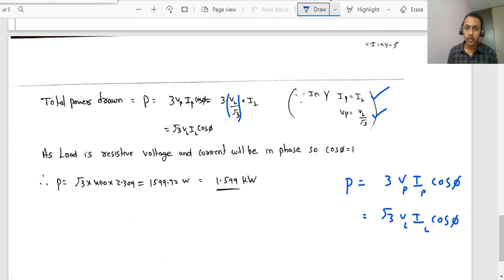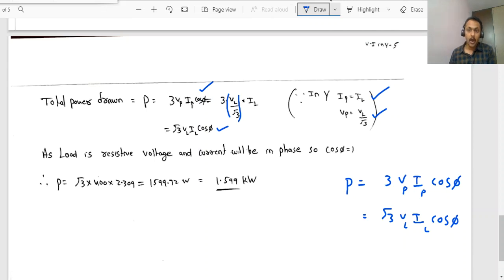So 3 by root 3, root 3 into root 3 by root 3, 3 gets cancelled. 3 times... root 3 VL IL cos phi. Very important. Both the formulas are correct only. You can use either 3 times V phase I phase cos phi or root 3 times VL IL cos phi.